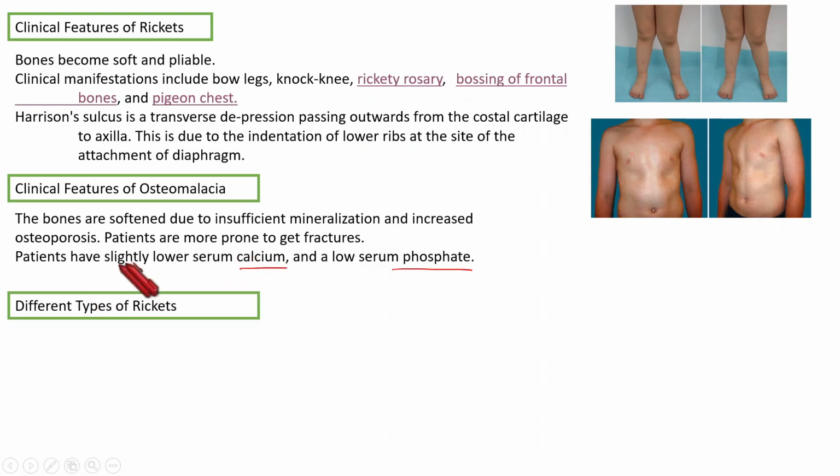That is why the level is low in the serum. And also serum alkaline phosphatase. Alkaline phosphatase is the enzyme that helps mineralization. As the bone is weak, the serum alkaline phosphatase amount will be high to increase the mineralization of the bone. That is also a sign that the calcium and phosphate levels are low, which in turn indicates that the vitamin D level is also low.